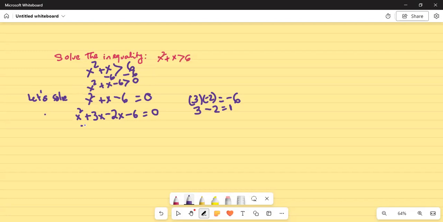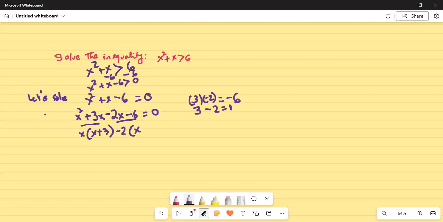So from the first two terms, we will factor out x. So x, first two terms, I get x plus 3 inside the parenthesis. And from the second two terms, I'll factor out minus 2. You ask why minus 2? Because in that case, inside the parenthesis, when I take out minus 2 from minus 2x, I'm left with an x.